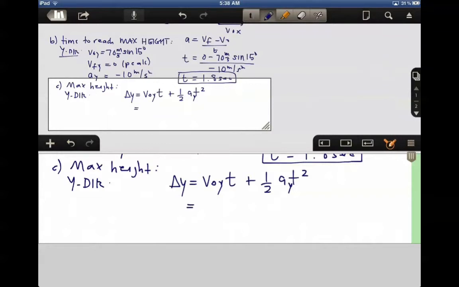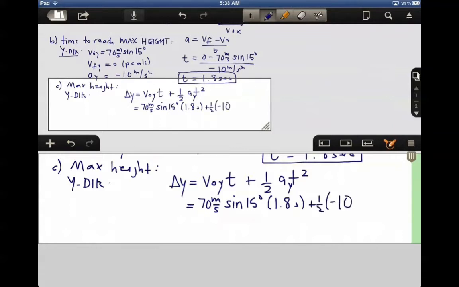V naught y, we found earlier, is 70 sine 15. We just found the time to reach the peak. I know the acceleration is negative 10 meters per second squared. And I know the time again is 1.8 seconds, and I need to square that. I want to point out something here. Notice that the acceleration is opposite in sign to my velocity.